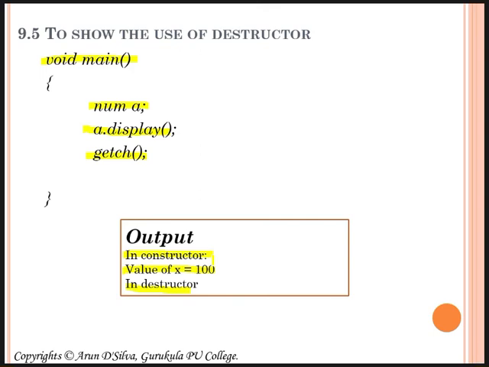A parameterized constructor takes one or more arguments, and a copy constructor is a parameterized constructor used to copy one object to another object. We learned that constructors can be overloaded, and lastly we learned that destructors are member functions that destroy an object automatically.